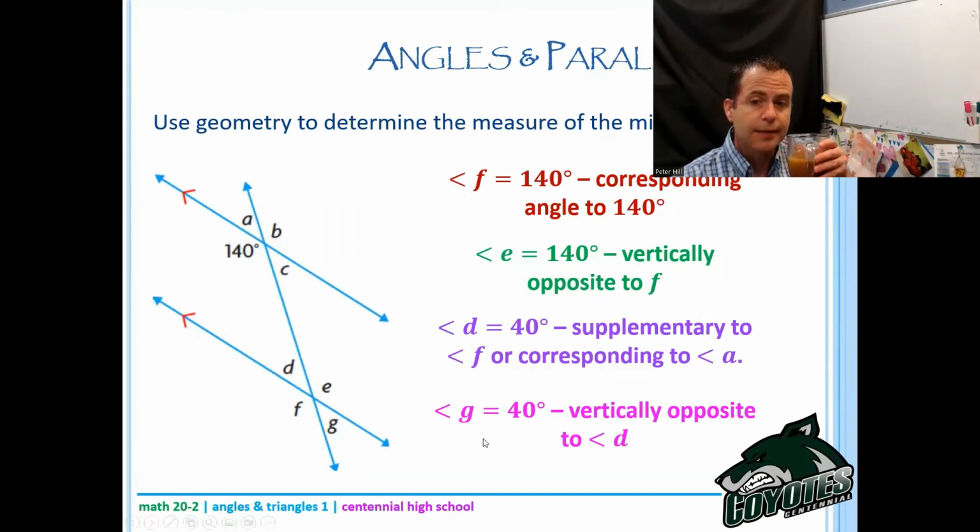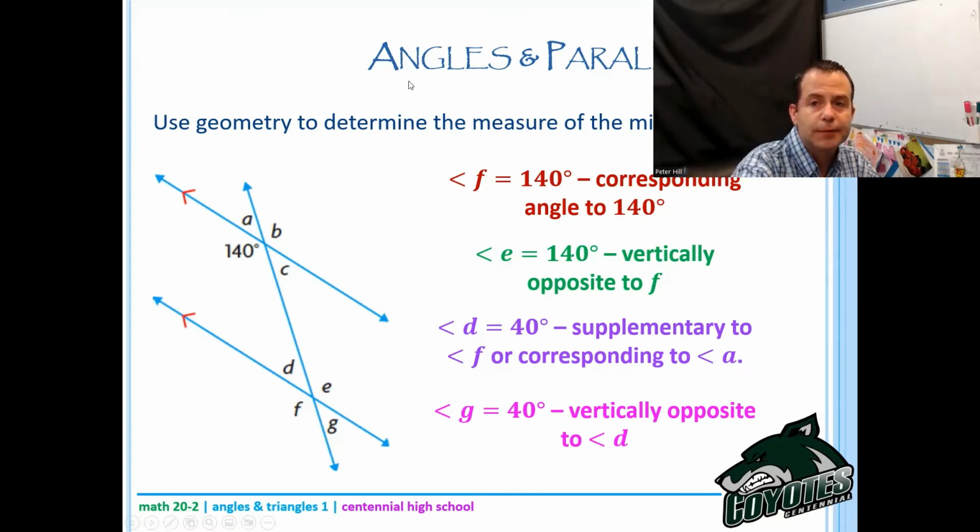And then G is 40, vertically opposite to D. I could have said E plus G is 180. I could have said F plus G is 180. I could have said G and C are corresponding. All of those statements would have been proof as to why G was 40 degrees.